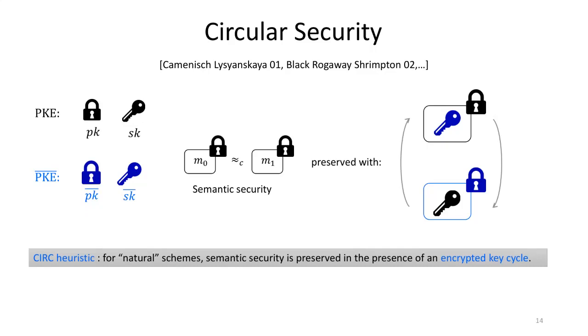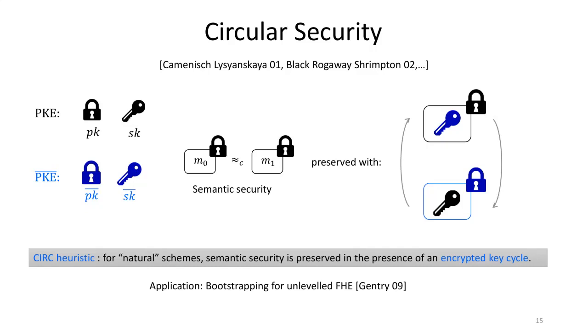But all of these counterexamples that we know of are specifically designed for circular security to fail. They're very contrived and artificial. In fact, it's a fairly widely used assumption to say for all natural schemes, this implication holds. The prime example of this circular heuristic is probably the bootstrapping technique by Gentry.